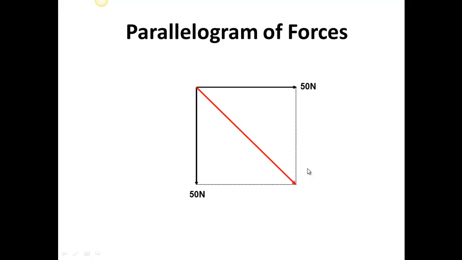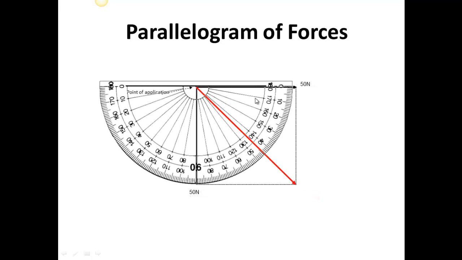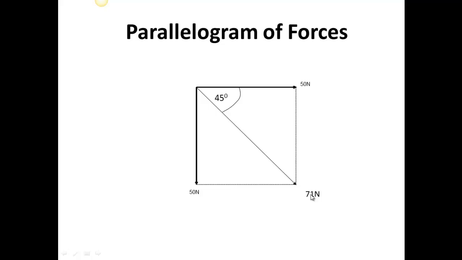And if we measure the scale, it would be 71 millimeters to give us 71 newtons. So what we're saying there is 50 pulling this way, 50 pulling down, gives us 71 pulling at a certain angle here. We can put a protractor on there, and 45 degrees. So that's our resultant, 71 newtons at 45 degrees.